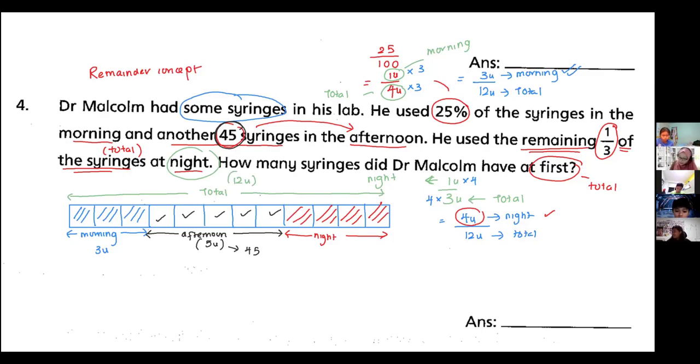Okay, so 5 unit is 45. 1 unit is 45 divided by 5 equals to 9. The 12 unit is 12 times 9 equals to 108. And that is the answer. Okay.